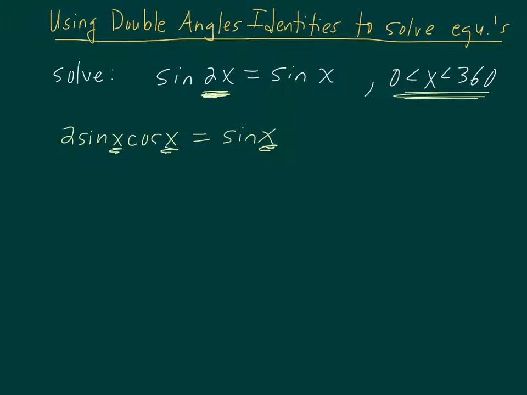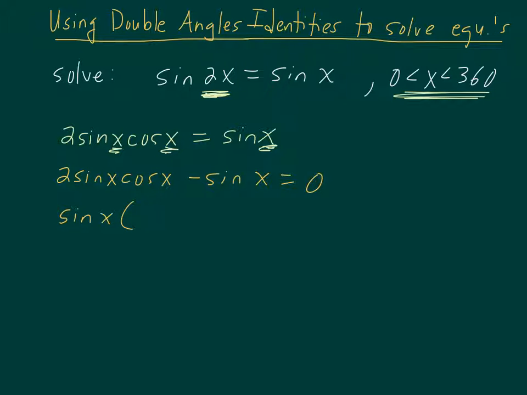Alright, so from here, you have to think about some basic algebra that could help you solve. Things like factoring. If we're going to factor anything, you want to get everything to one side. As a general rule of thumb, always look to bring things to one side so that it's equal to 0. From there, we can factor by taking out a GCF of sine of x.